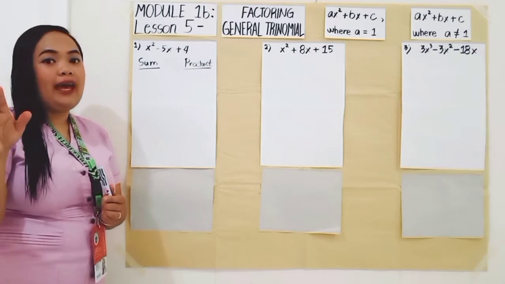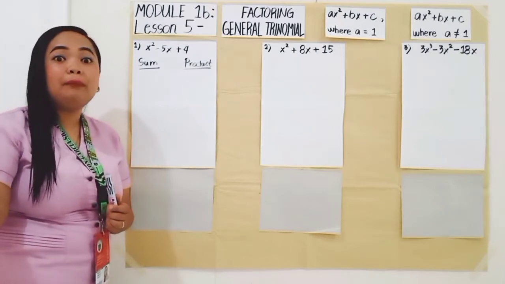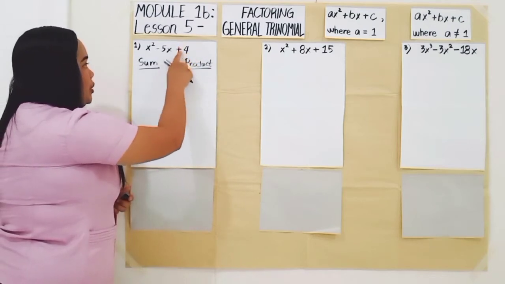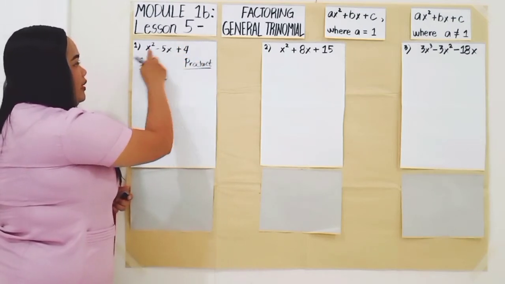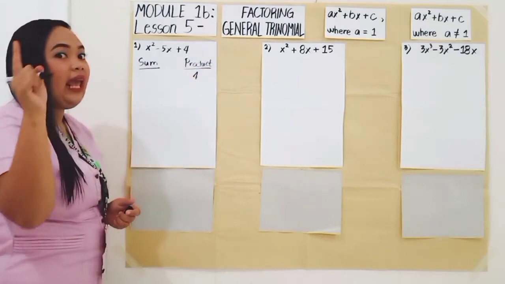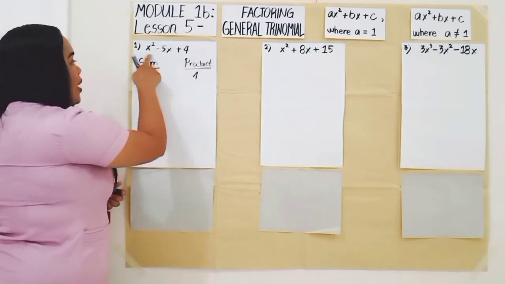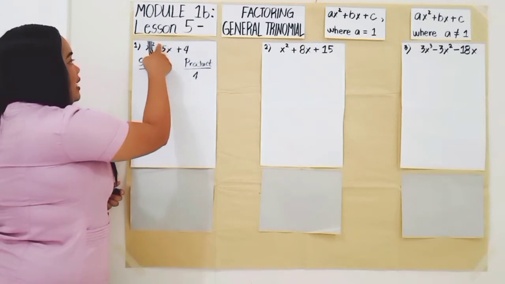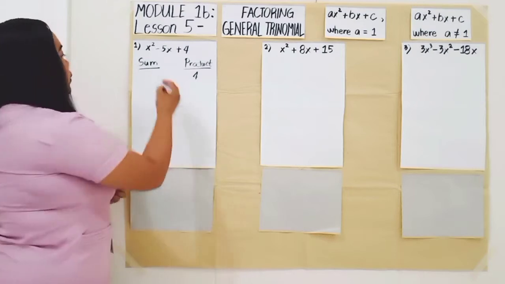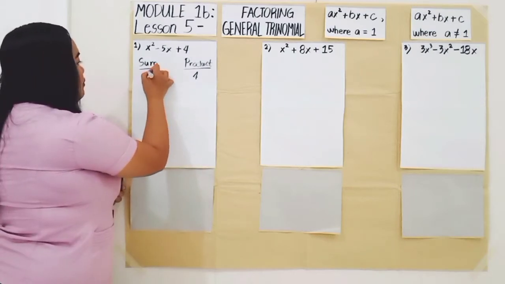We will find factors or numbers where the product is the third term of the trinomial, which is 4, and the sum must be the numerical coefficient of the second term, which is negative 5.